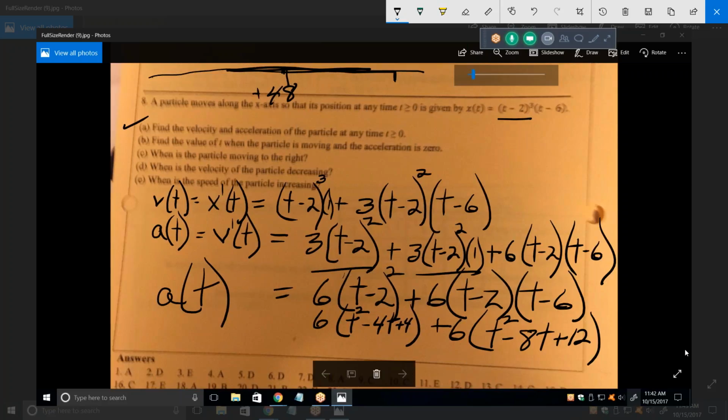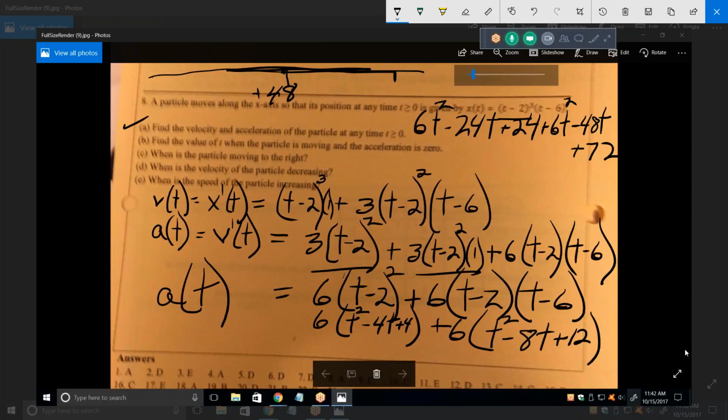Now if I combine that all together up top here, I get 6t squared minus 24t plus 24 plus 6t squared minus 48t plus 72.